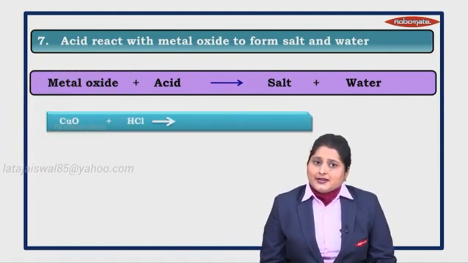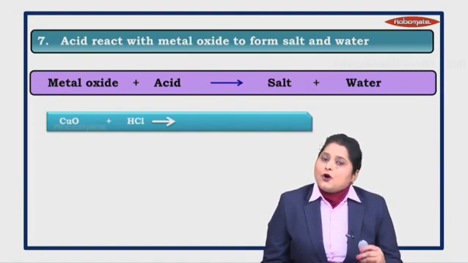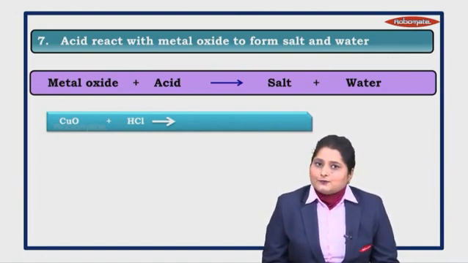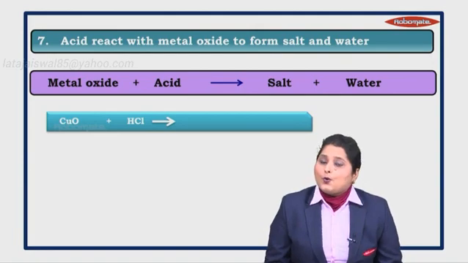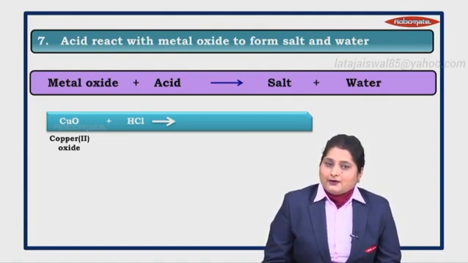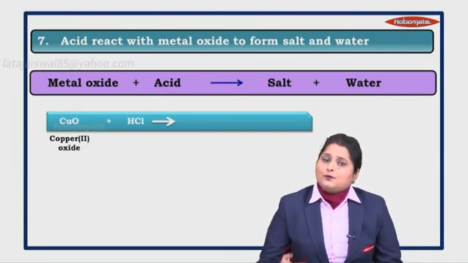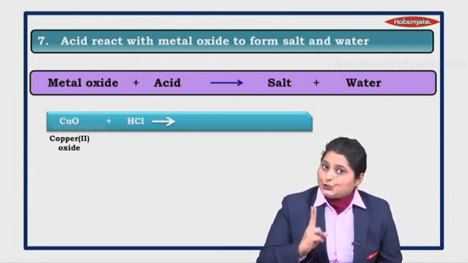We take a metal oxide. For example, all of you know that copper is a metal, and its metal oxide is copper oxide, whose molecular formula is CuO, which reacts with HCl, that is hydrochloric acid, to give what? Here we say copper oxide, or we also say copper 2 oxide, because in this formula the valency of copper is 2.